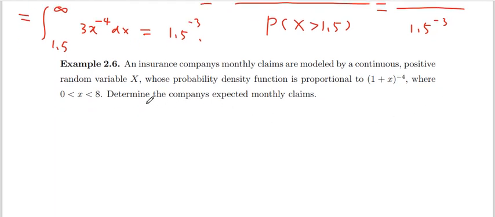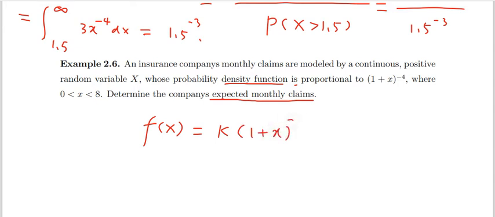For this problem, we want to find the expected value, the expected monthly query. At first we say the density function is proportional to that, so we need to find the coefficient. It equals k(1 plus x)^(-4), right?